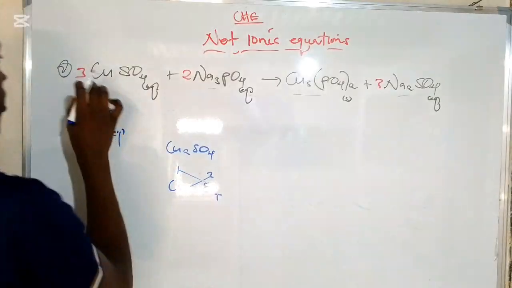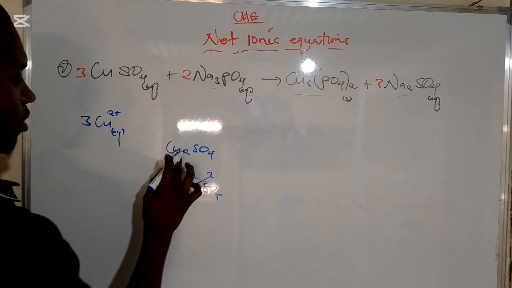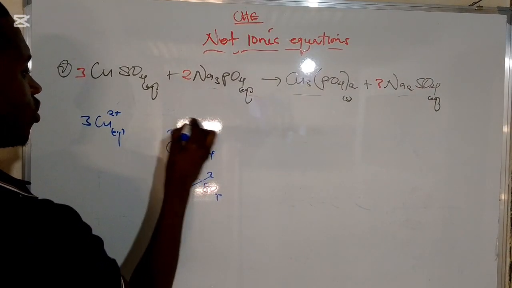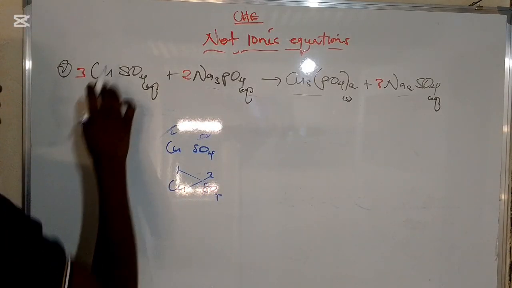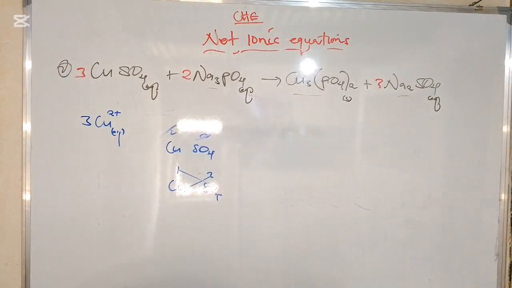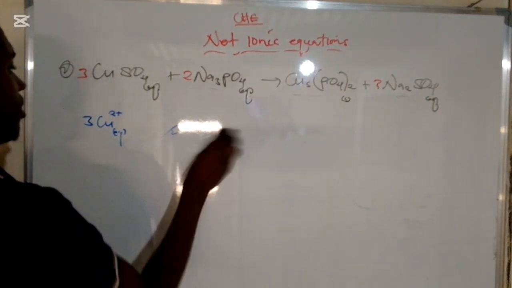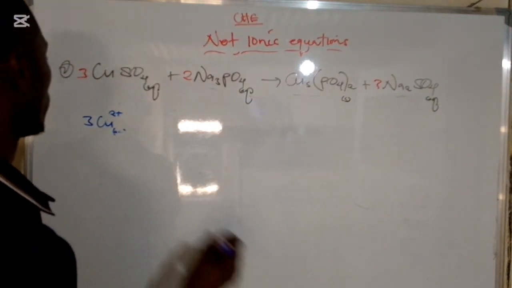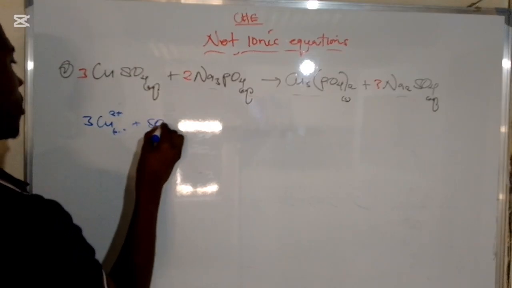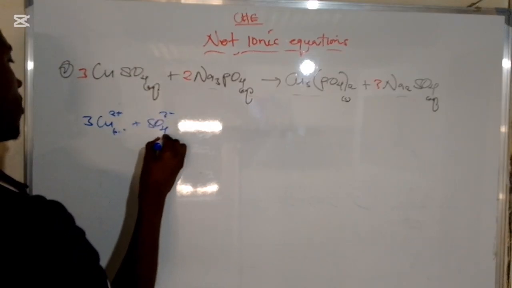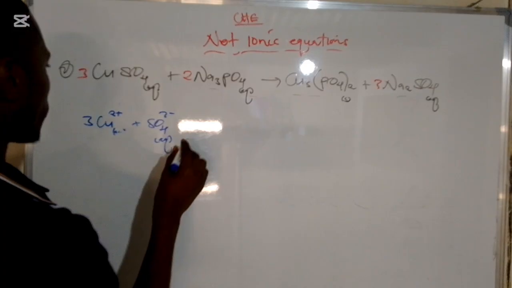Now, for me to know that this is copper 2, it's because I know that if it has 2, it also has 2. These will cancel. They will give me this one. So that is how we determine the values. So copper 2 plus, then plus sulfate 2 negative, aqueous.